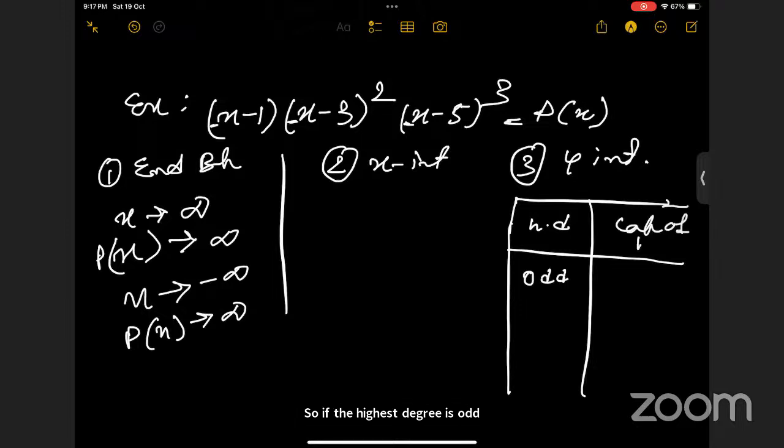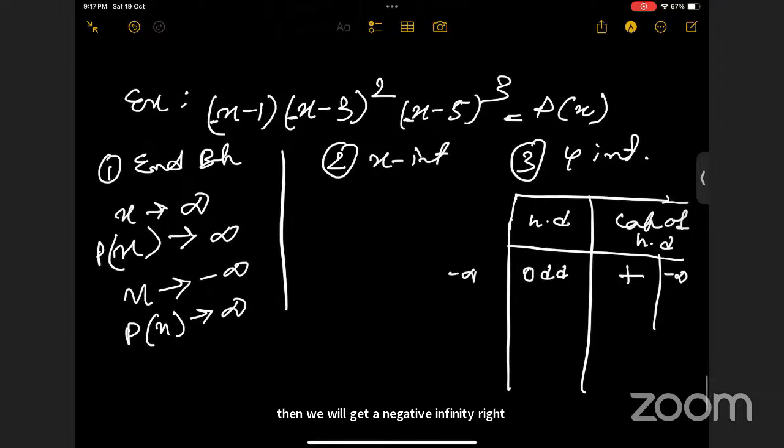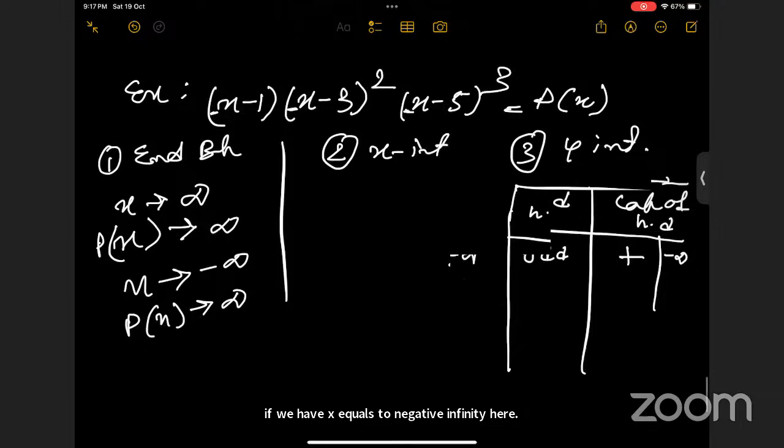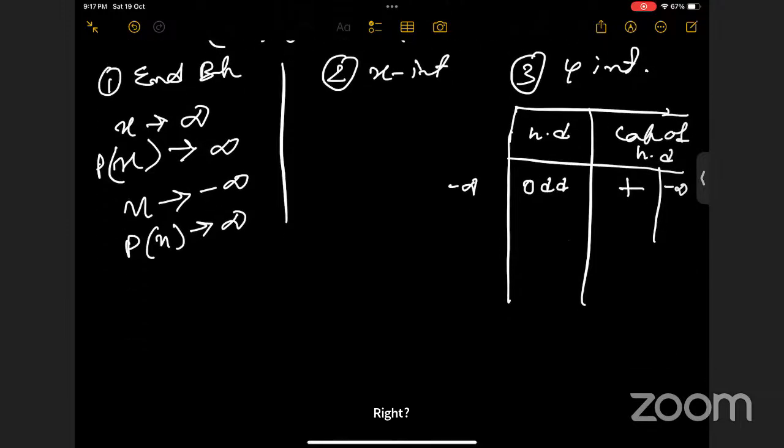So if the highest degree is odd, and the coefficient of the highest degree is positive, then we will get a negative infinity if we have x equals negative infinity here, right? Yes, ma'am. And if we have odd highest degree and a negative coefficient, then we will get a positive infinity here, right?